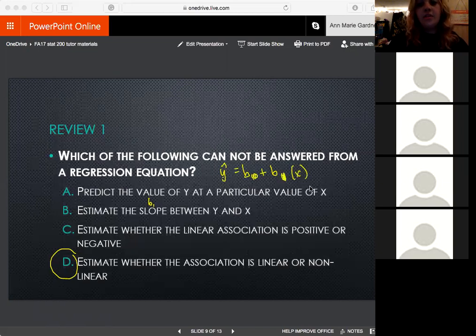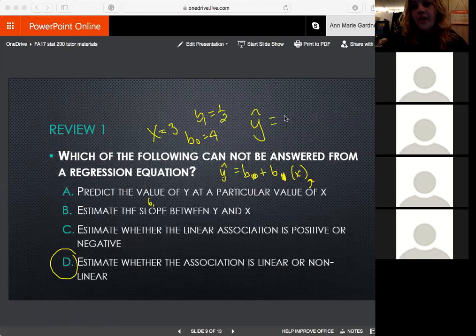So you're able to do A based upon this, because let's say you're given that x equals 3, your y-intercept is 4, and your slope is equal to a half. I can literally just go in here and say y hat equals 4 plus 1/2 times 3, and then I'm able to predict that y value based upon the x value that I got.